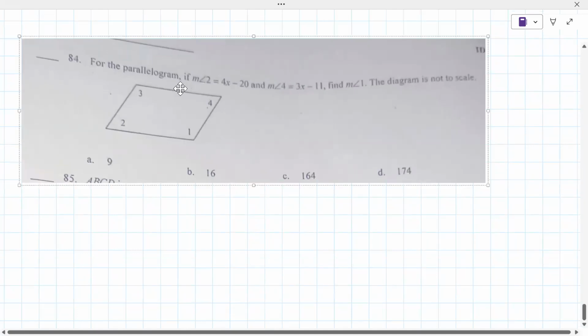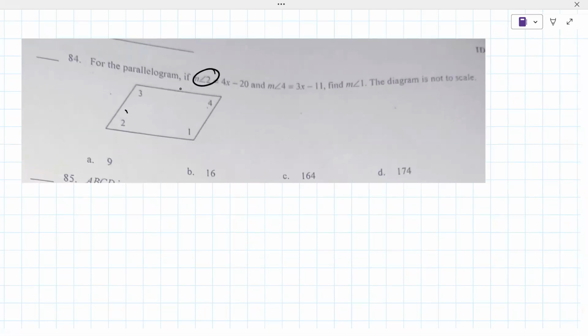All right. So for the parallelogram, they're giving you information about angle 2 and angle 4. They are diagonal opposite each other. What do you know about them? They're congruent. Okay. So you can set 4x minus 20 equal to 3x minus 11.